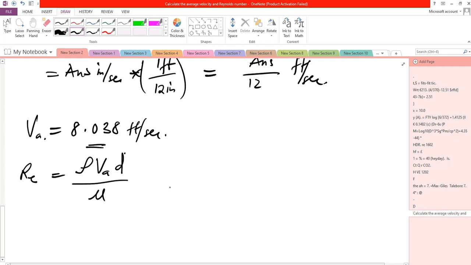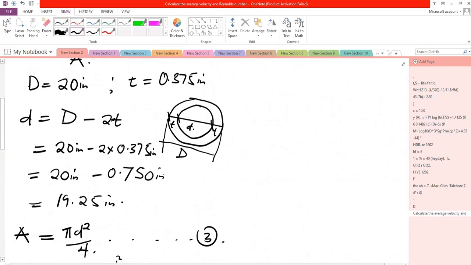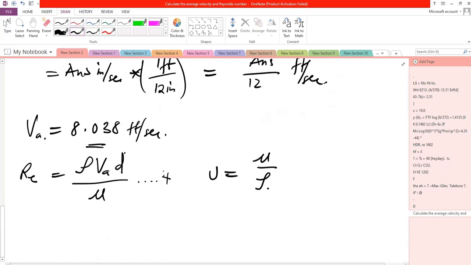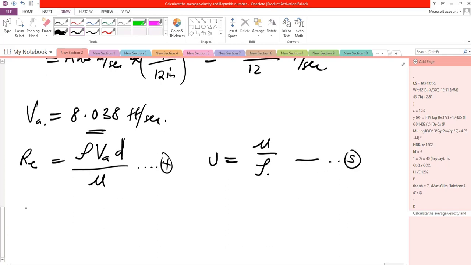You know that what they gave us is kinematic viscosity, and kinematic viscosity is the same thing as the viscosity divided by rho, which is the density of the fluid. Let's say this is equation 4. This is equation 5.